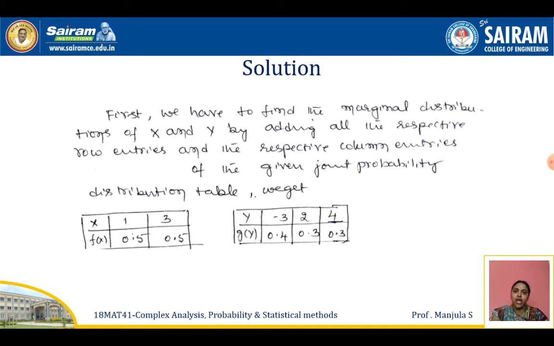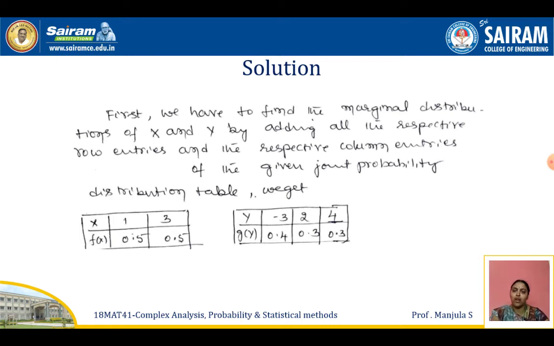First we have to find the marginal distribution of x and then y by adding the respective row entries and the respective column entries of the given joint probability distribution table. First, x and then the corresponding f of x.